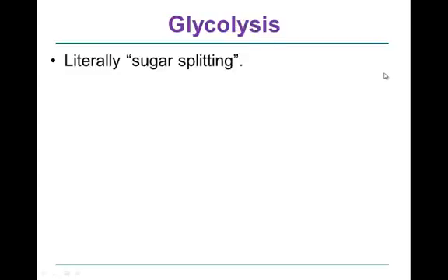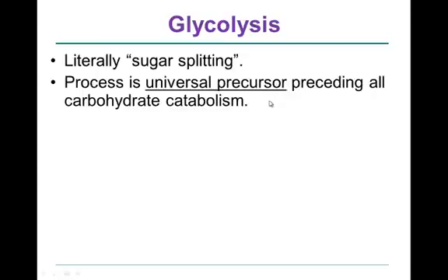And remember, we're starting with glucose, which is a 6-carbon sugar. The structure of glucose is C6H12O6. The process of glycolysis is a universal precursor. When we say something like universal precursor, we mean it precedes all carbohydrate catabolism, and virtually all organisms have a glycolysis process.